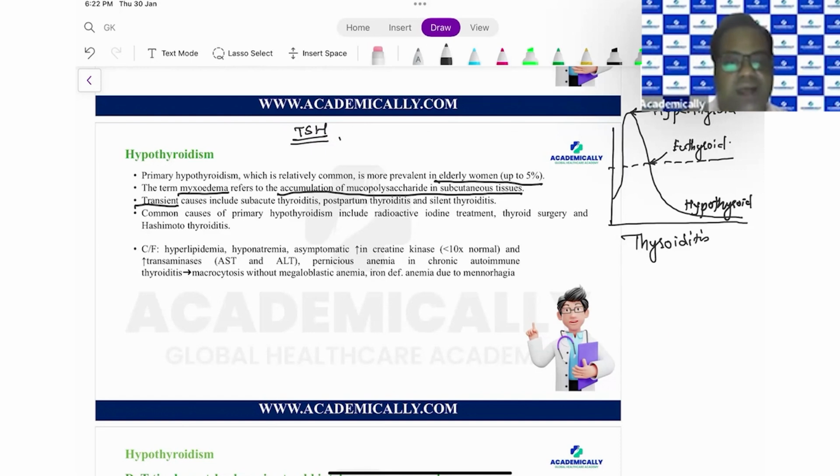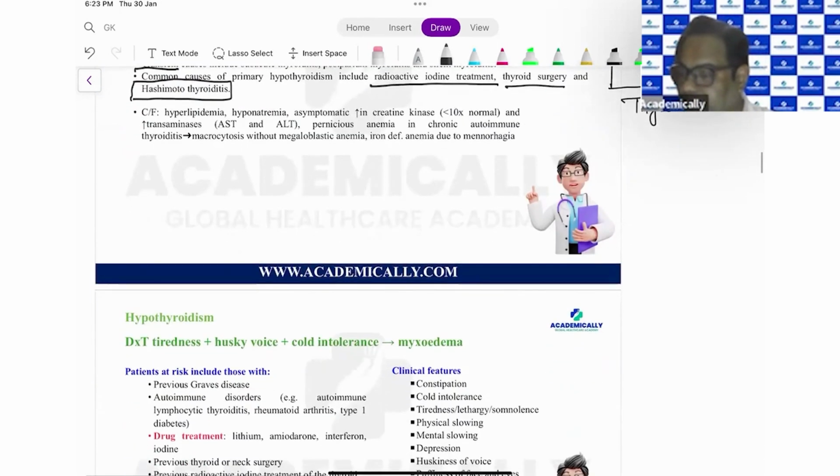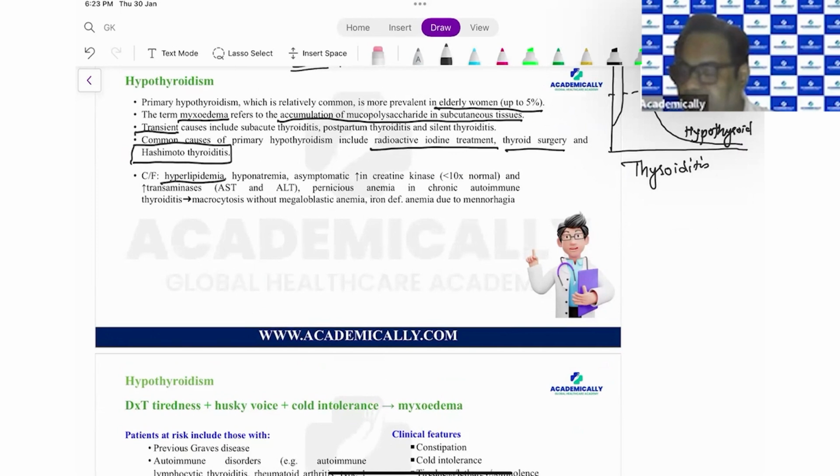All right. Then the other causes of hypothyroidism could be radioactive iodine treatment, when the gland gets destroyed because of radioactivity, thyroid surgery, when you have removed the gland, and a very common cause called Hashimoto's thyroiditis. Again, inflammation, but because of autoantibodies. And what will happen in hypothyroidism? There will be hyperlipidemia because lipolysis takes place.